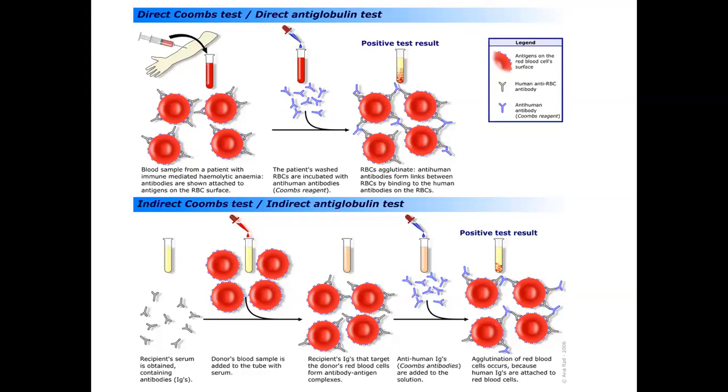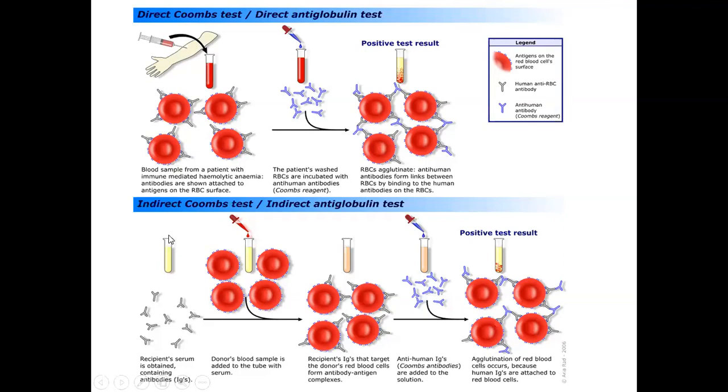Just to reiterate where we left off, the DAT is used to detect sensitization that has happened in vivo in the individual. Here we see red cells that were drawn from the individual, and they are already sensitized with antibodies coating the surface of the red cells.